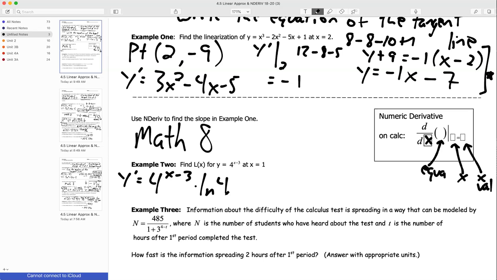Okay, so now take your calculator and calculate the derivative of the function at x is equal to 1. And let's get a decimal equation there. Go ahead and do that for me right now.